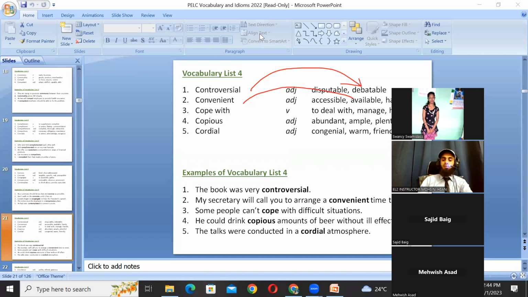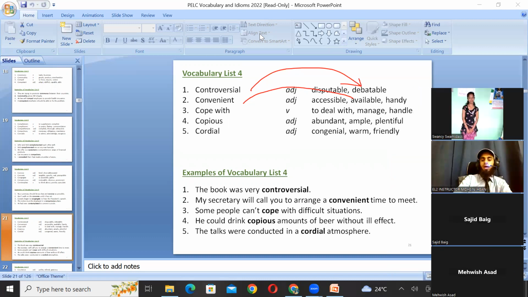This product is available in a convenient amount, right? Okay, next, "cope with" means to manage, to handle. We must cope with the grammar first before moving to the IELTS section, right? Copious, abundant. Abundant means full of, right?